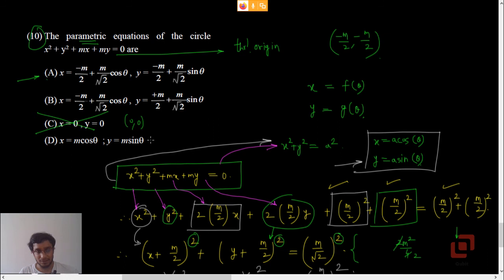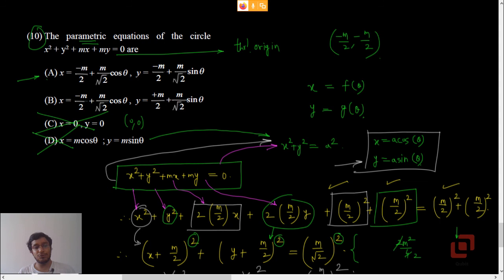So D represents the circle x squared plus y squared equal to a squared, with a being equal to m. So D also cannot be right. So it then boils down to either option A or option B.